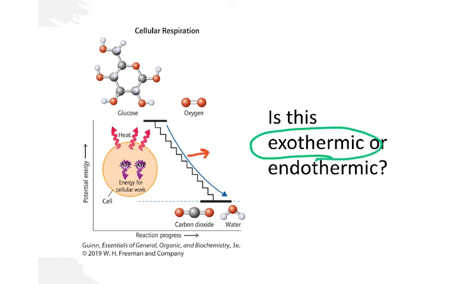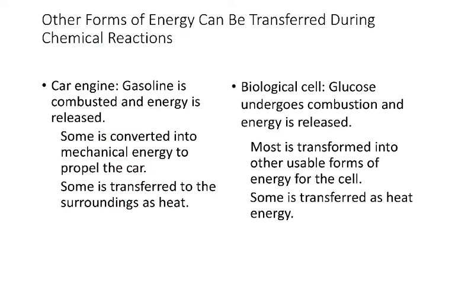Okay, other forms of energy can be transferred during a chemical reaction as well. So in a car engine, consider that gasoline is a molecule or multiple different kinds of molecules, right? It's combusted and energy is released through that reaction. So some of that energy is converted into mechanical energy to propel the car forward, right?